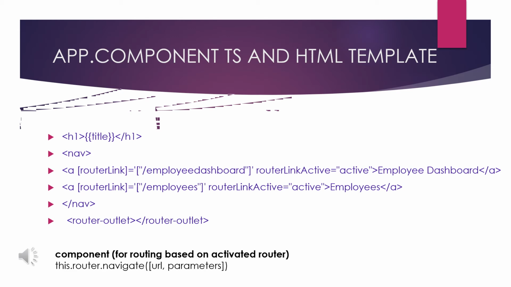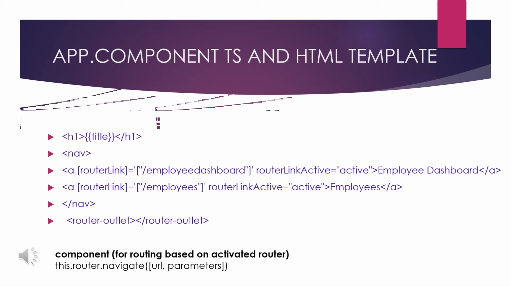The last line I have given is router-outlet. The router outlet means all the routers which I used here. I used two routers, right? One is employee dashboard and another one is employees. These routed components will be fetched to the router outlet and displayed under this template file.